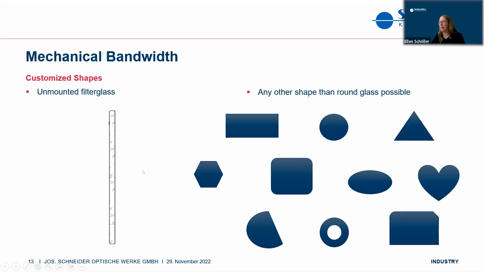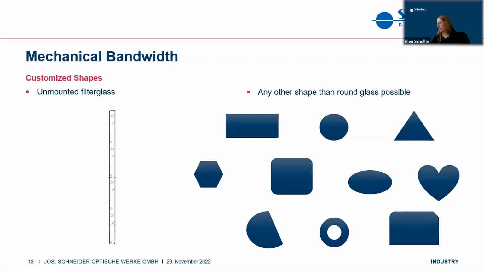And out of these glasses can be cut any shape you would like to imagine and that fits your application best, like rounded edges, triangle, elliptical things, or whatever your application might need, you can cut out of a single glass.